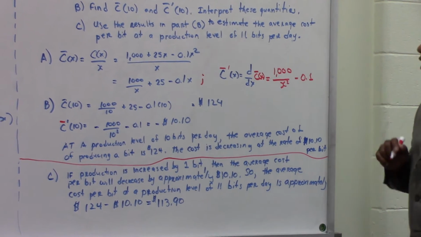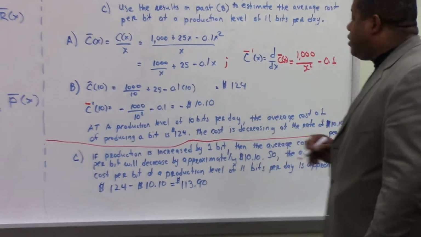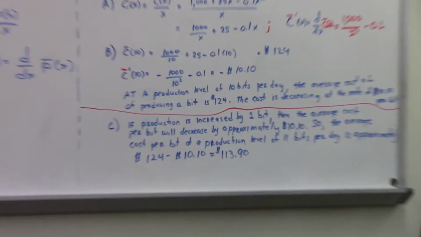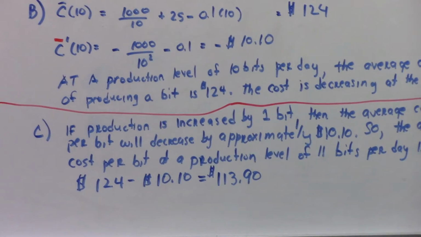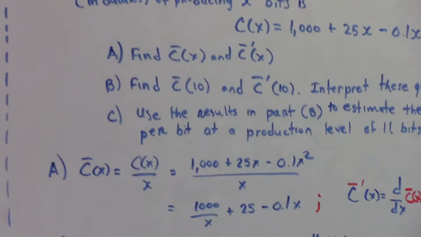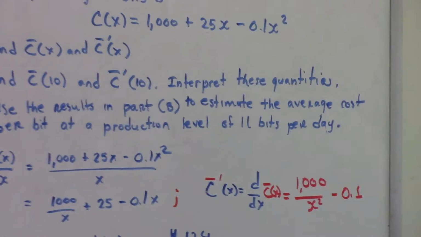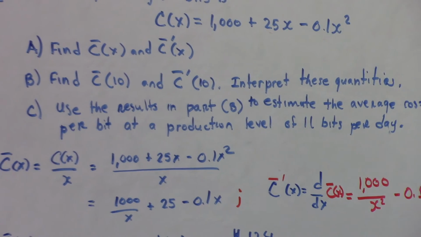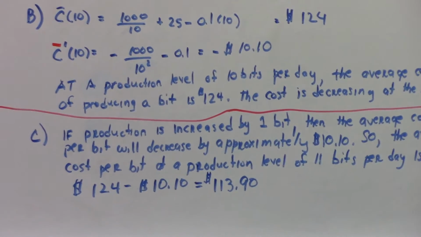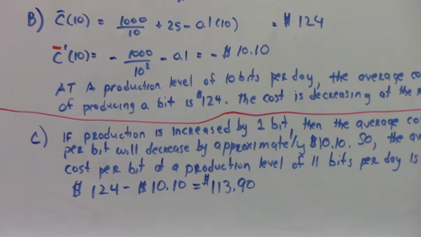Okay, now let's look at C. Use the results from part B to estimate the average cost per bit at the production level of 11 bits per day. So if the production is increased by 1 bit, then the average cost per bit will decrease by approximately $10.10.